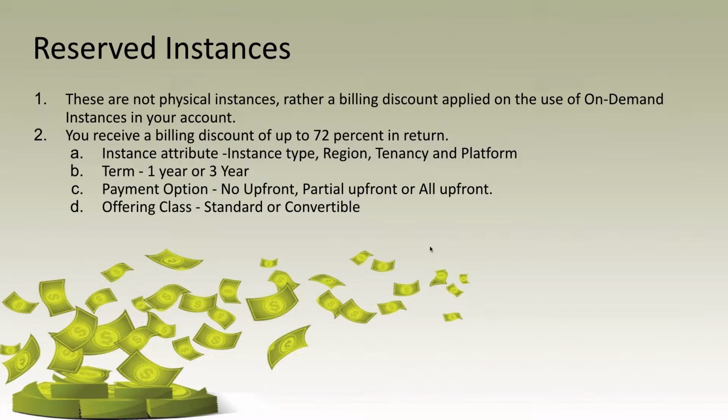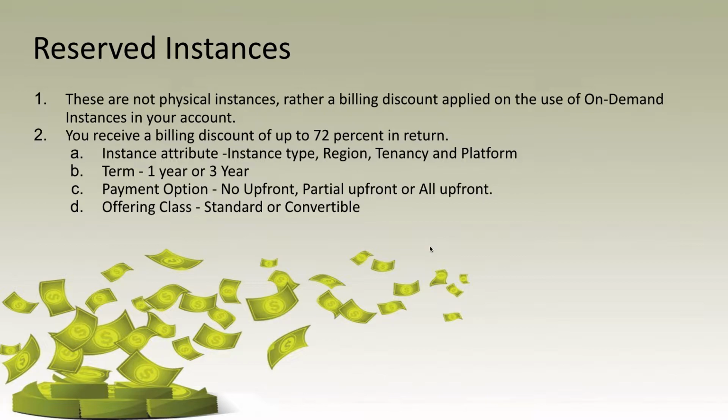So the discount can vary. It depends upon several factors. Maximum, as per the AWS documentation, you can get around 72% discount, but it depends upon several attributes like your instance attribute, your term, your payment option, and what offering class you are choosing.